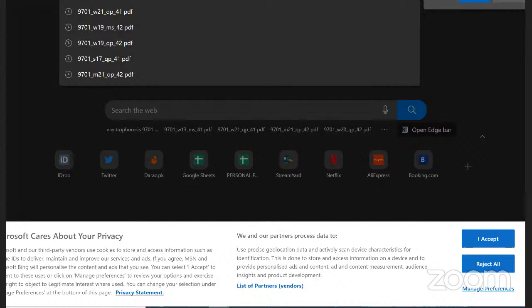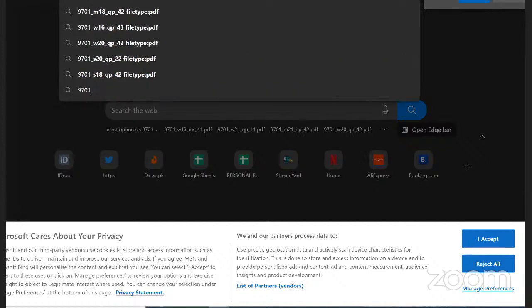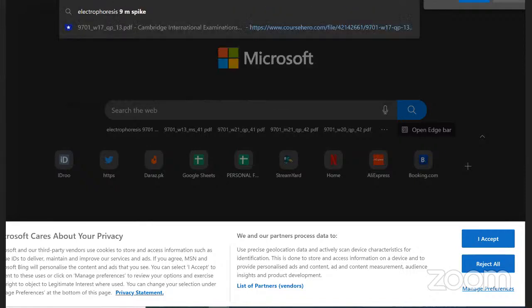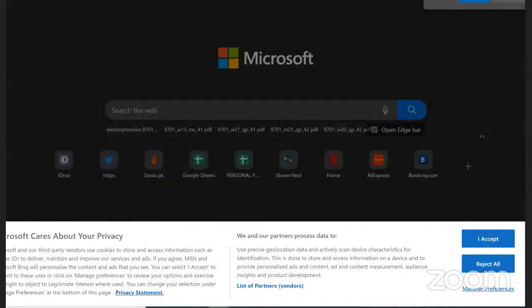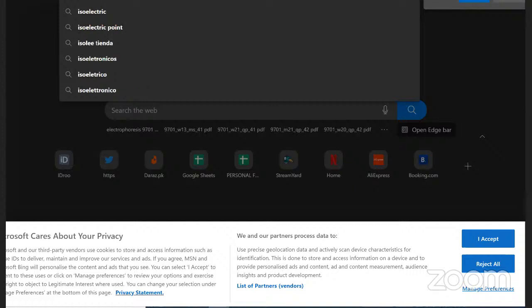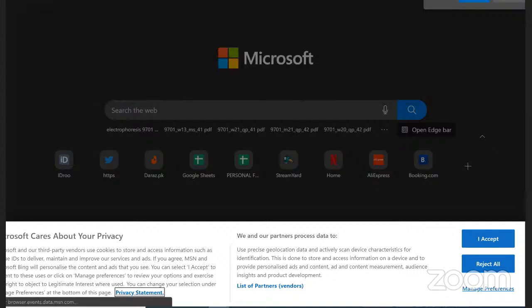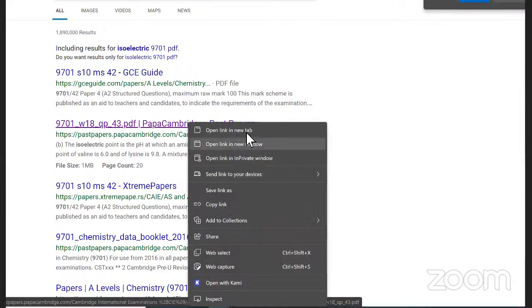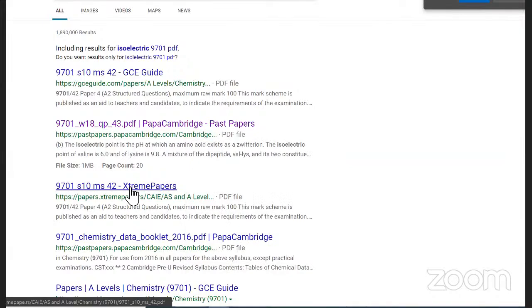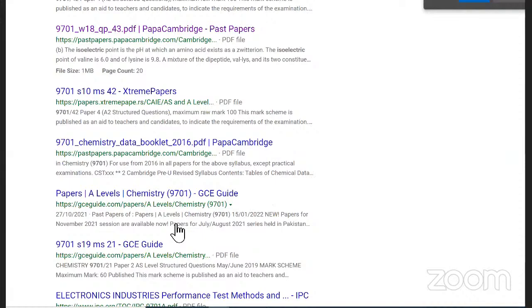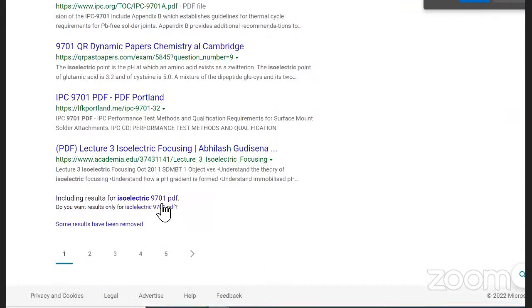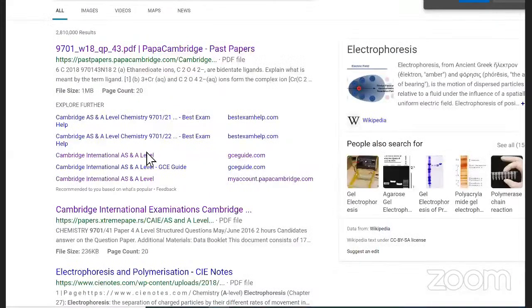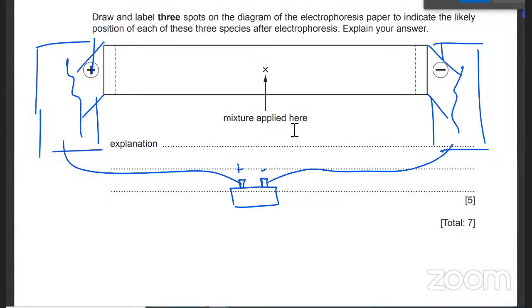Okay. Just search the electron. That's a question.